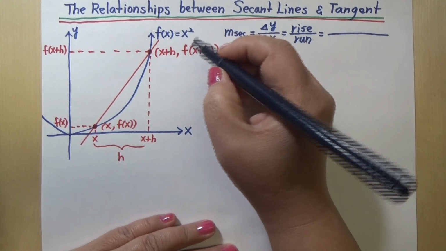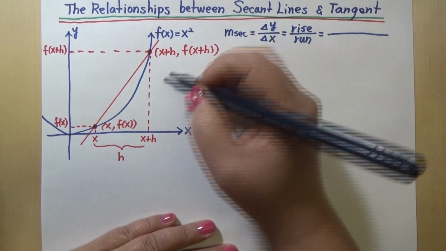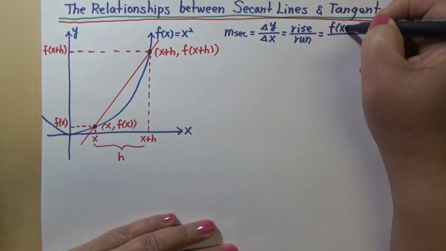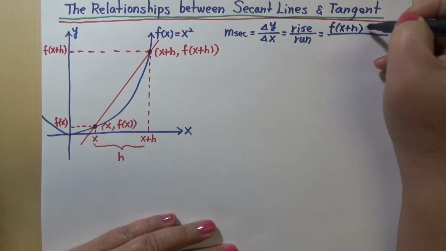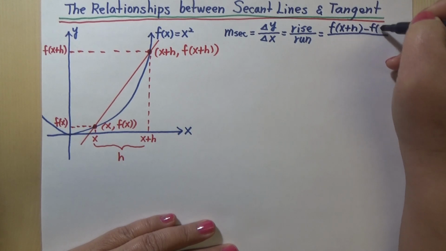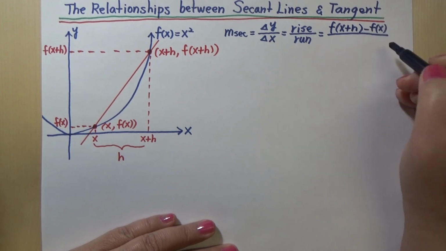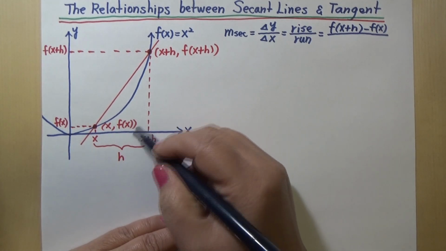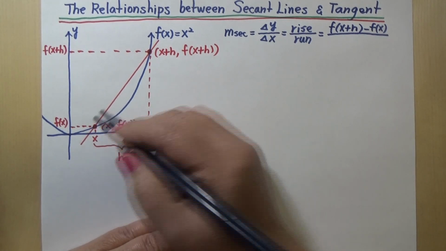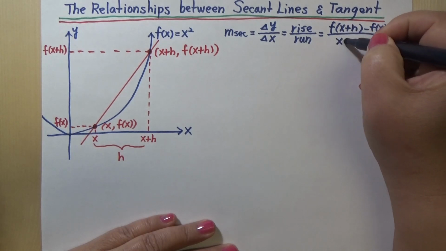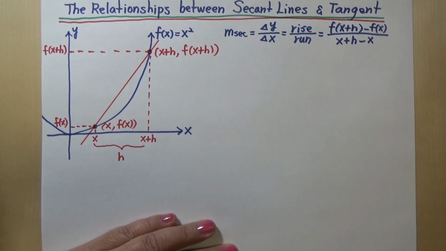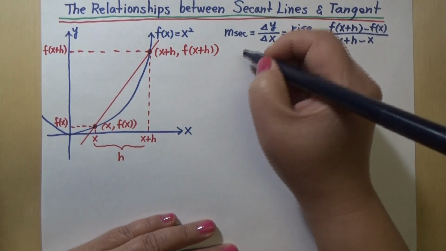Change in y is f of x plus h minus f of x, all over change in x. Change in x is x plus h minus x. And I'm going to simplify this one.